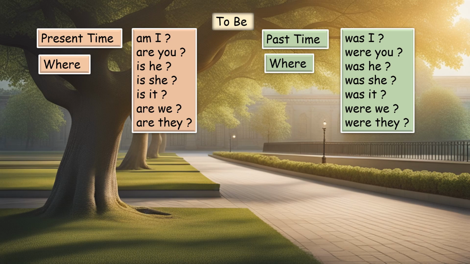Where was she? She was at the park. Where was the bird? It was on his head. Where were we? We were at the park. Where were they? They were at the park.